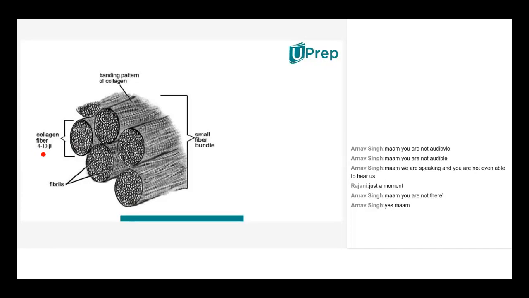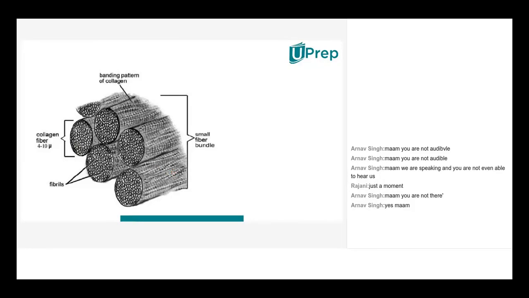Micrometer stands for 10 to the power of -6, isn't it? So the whole fiber, if you take, is very thin, but when arranged, they give a compact structure to the whole tissue. It supports the whole tissue, because they are arranged in the form of bundles. This is how the collagen fibers look.